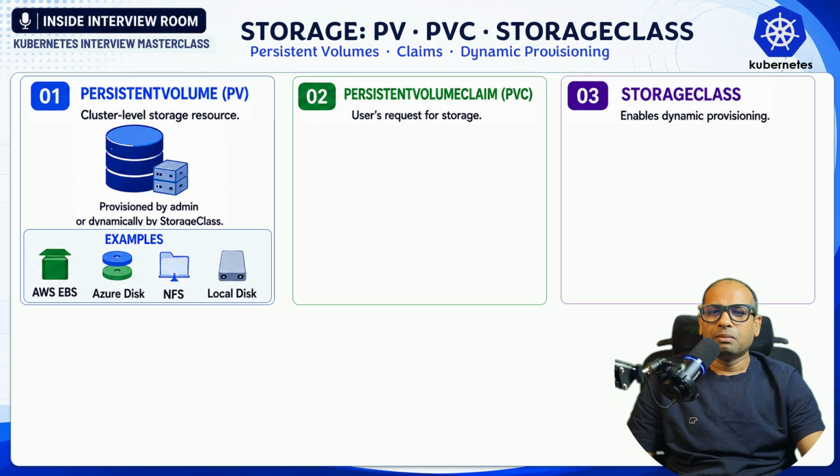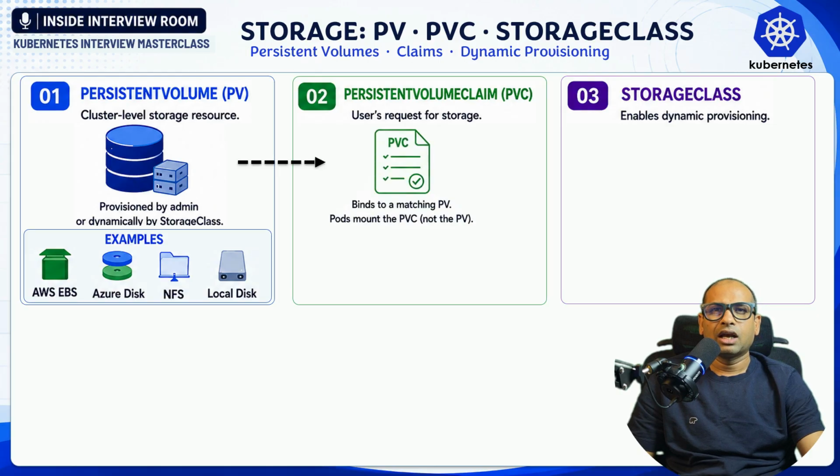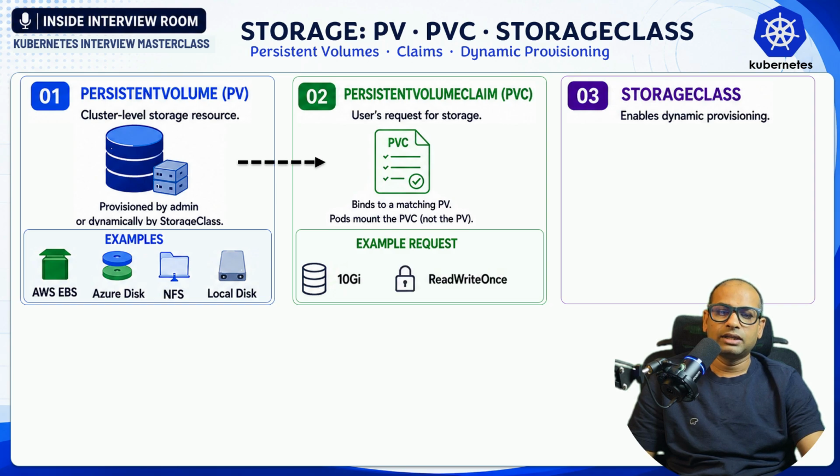Then the persistent volume claim is the user's request for storage. It is the pod asking for a slice of it. It binds to the matching PV. A pod mounts the PVC, not the PV. Example request: when you ask for 10 gig of storage with ReadWriteOnce access.